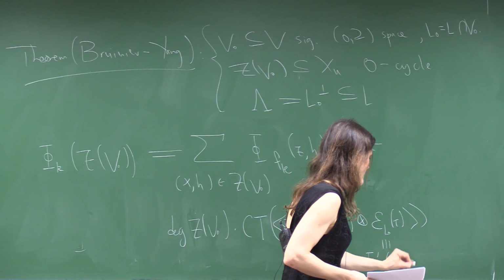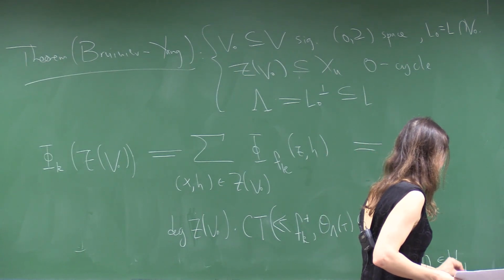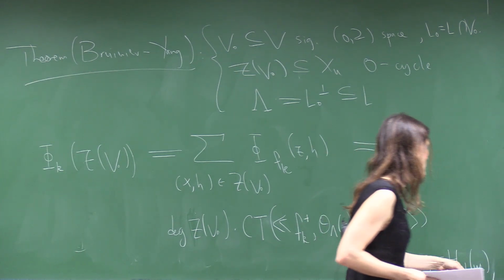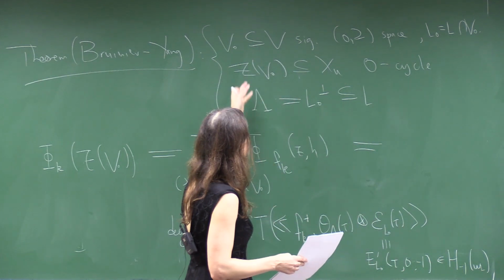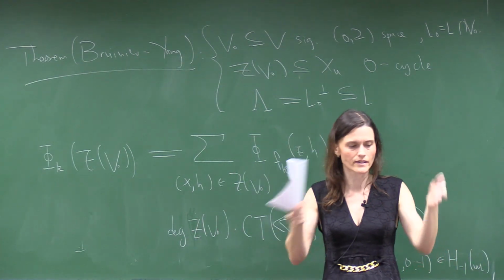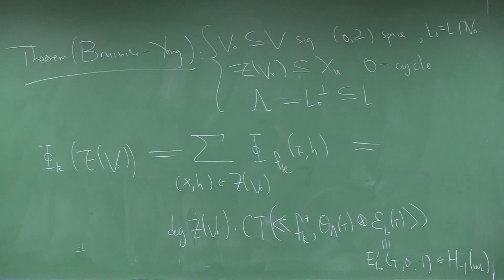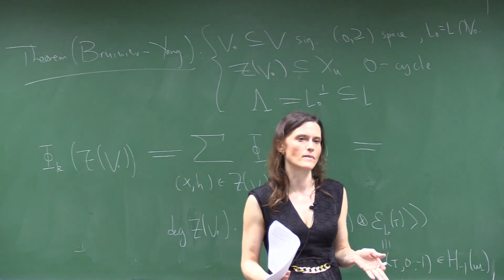So you're going to have some harmonic weak Maass form of weight -1 that arises. There's going to be a decomposition of the ambient Siegel theta series for the full lattice. You're going to have the piece that comes from the signature 0-2 space, and you're going to take the sum over the whole CM cycle, and then use the Siegel-Weil formula to relate that to the special value of some Eisenstein series.